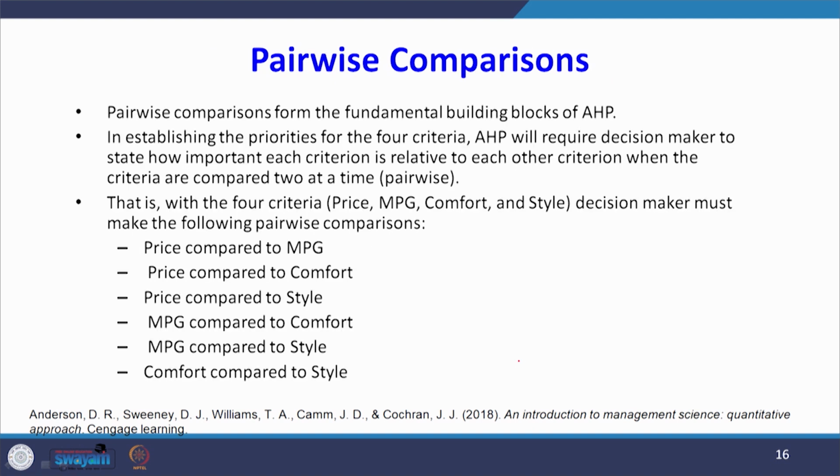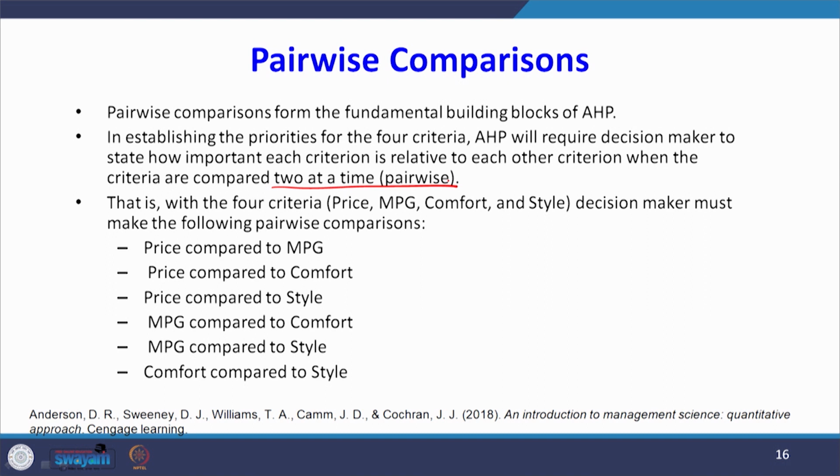Pairwise comparisons form the fundamental building blocks of AHP. In establishing the priorities for the 4 criteria, AHP will require decision makers to state how important each criterion is relative to each other criterion when the criteria are compared 2 at a time. So, that is why we are calling it pairwise comparison.